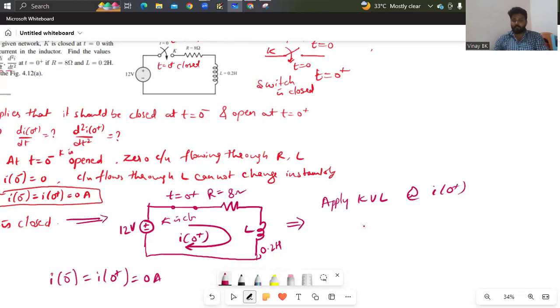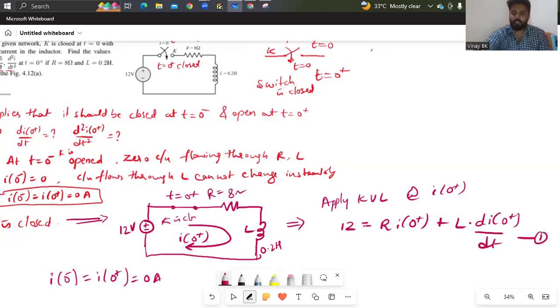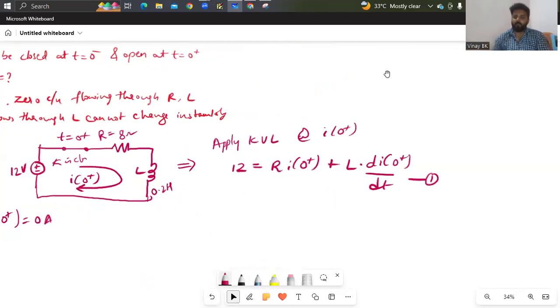12 volts equals R into I of 0 plus, plus the drop across L, which is nothing but L into di of 0 plus divided by dt. This is equation number 1. Here you need to find the derivative of current, that is di of 0 plus divided by dt.